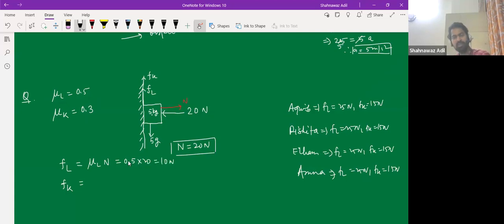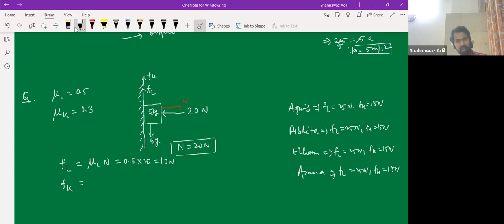Sir, how come N is 20 Newton if it is in the opposite direction? So is the normal reaction in this direction or in this direction? Where are the surfaces touching? On the left side. So perpendicular to y, that is x, right?